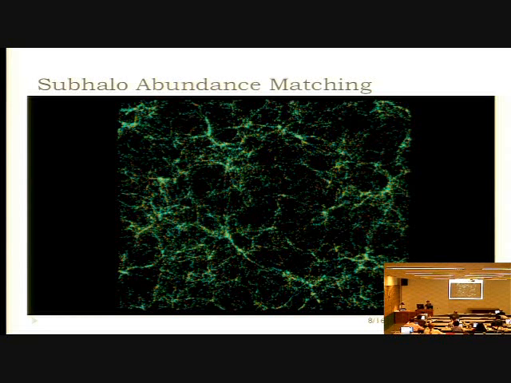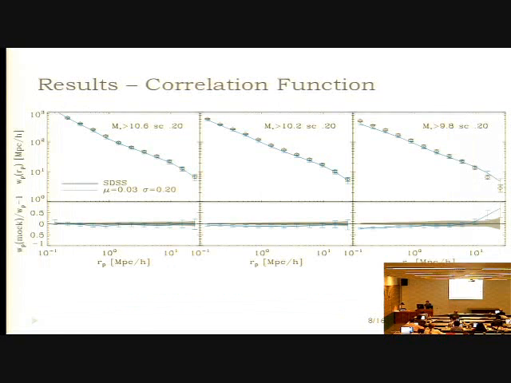Okay. Onto results, this is Bolshoi again. The output we get looks a little bit something like this, where your galaxies are tracing the dark matter as you would expect. To give a more precise example of what our results look like, this is a 2-point correlation function. The black points are the measurements of the 2-point correlation function from the volume-limited Sloan sample that I mentioned earlier. The blue line is the 2-point correlation function from our best model.